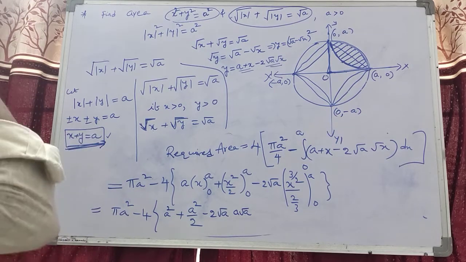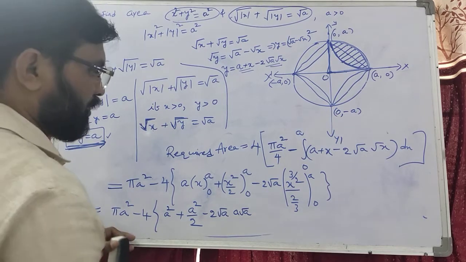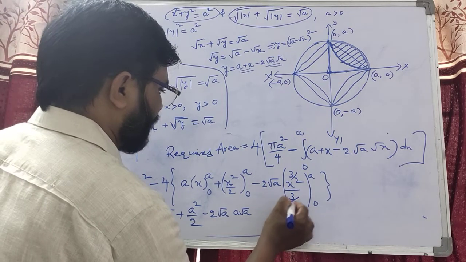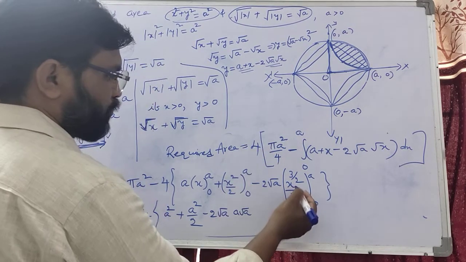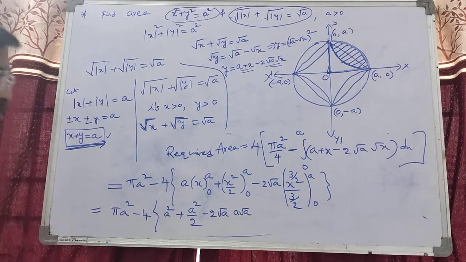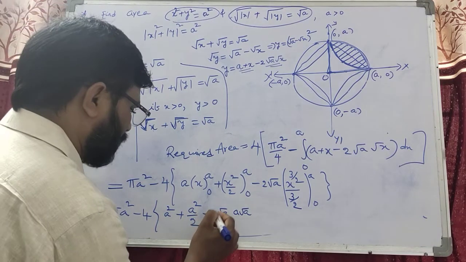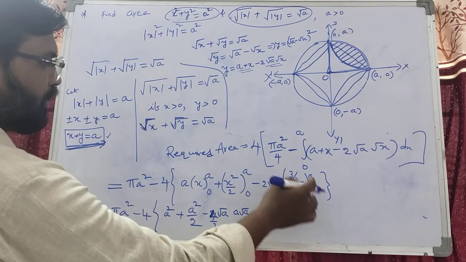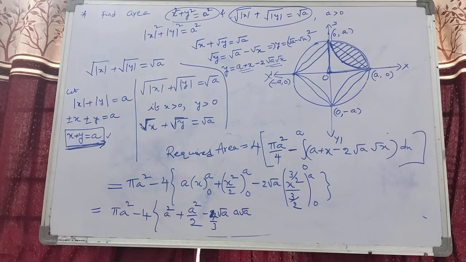Sending it to the numerator, we get 3 by 2. Then x power n plus 1 upon n plus 1 gives 2 by 3 times 2, that is 4 by 3. When you put the lower limit 0, it is 0.